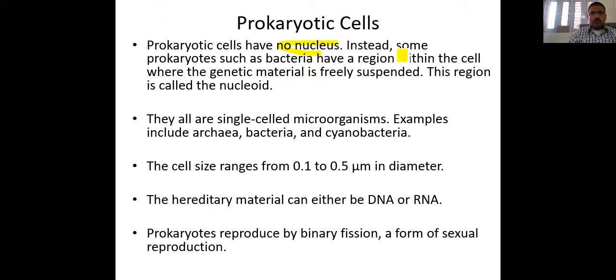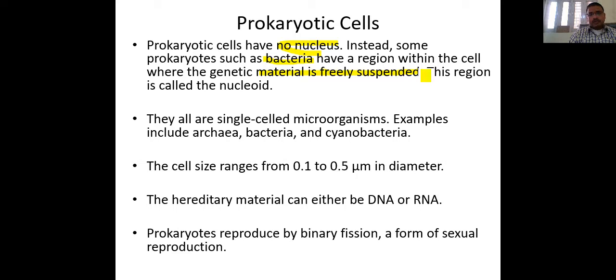Instead, some prokaryotes, such as bacteria, are examples of prokaryotic cells among living beings. In bacteria, there is a region within the cell where the genetic material is freely suspended. In bacteria, there are the genetic materials.